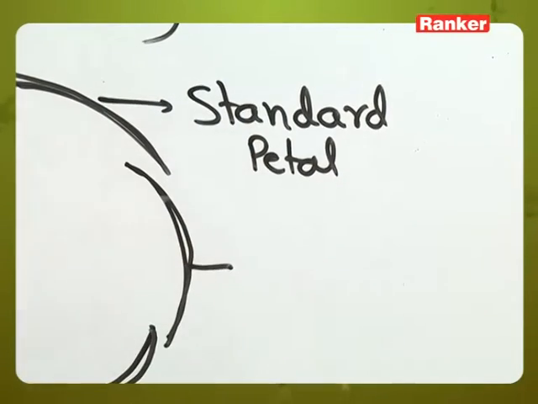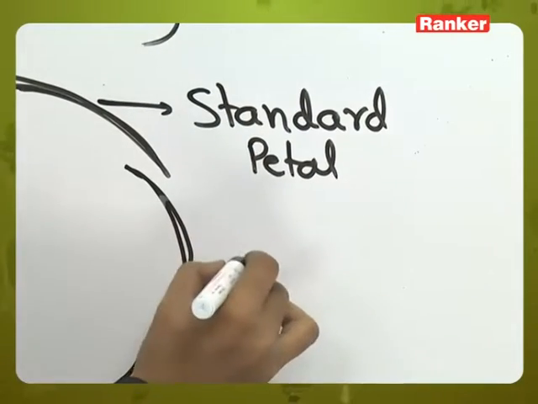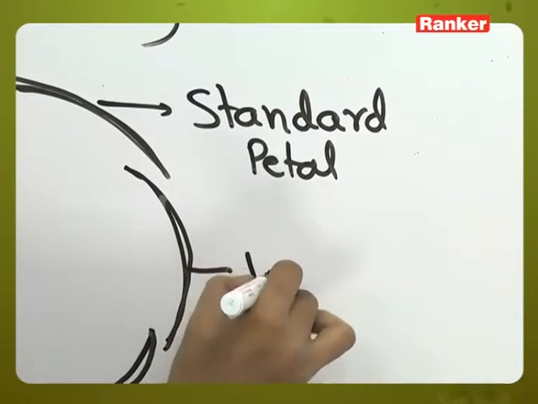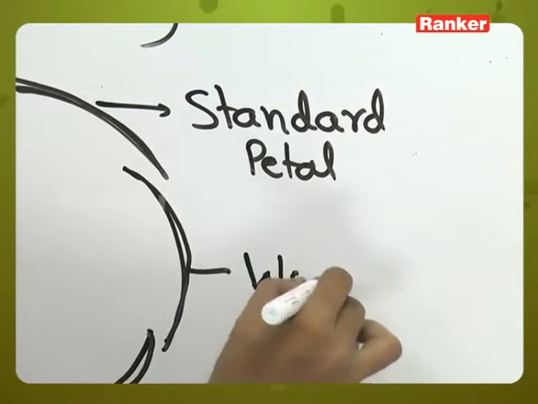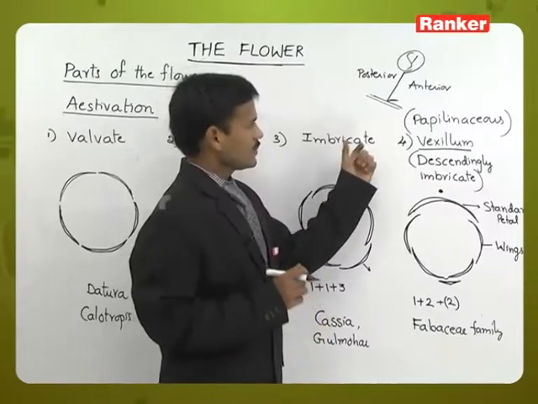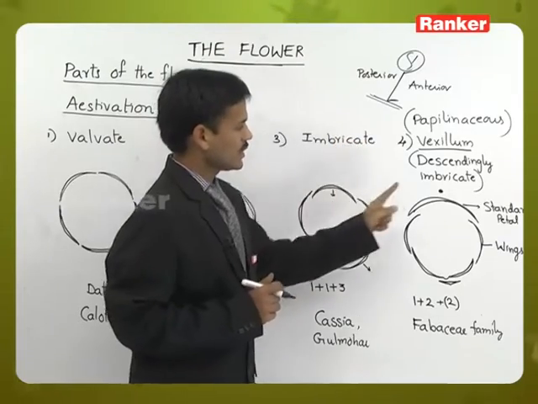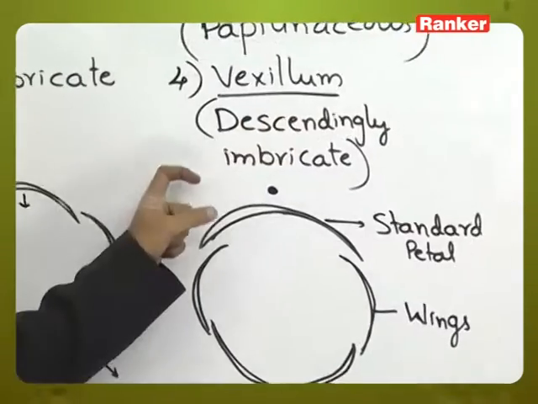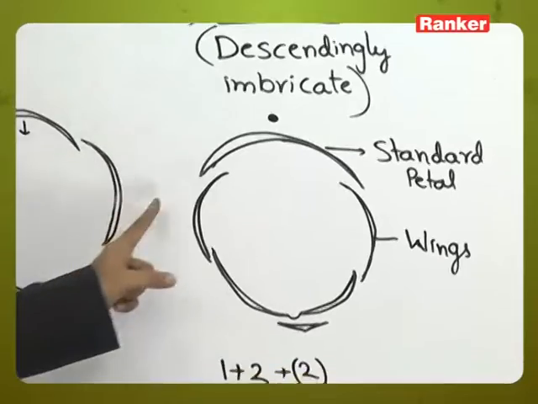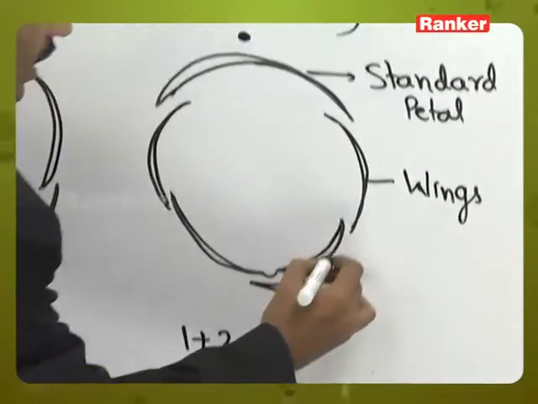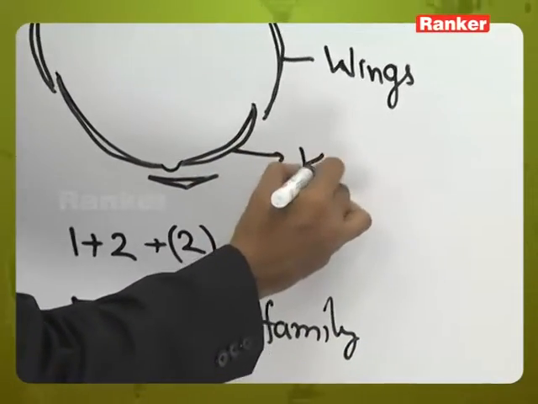And these two are wings. Here in the papilionaceous corolla, the posterior side petal is the standard petal, and these two are wings, and these two are keels.